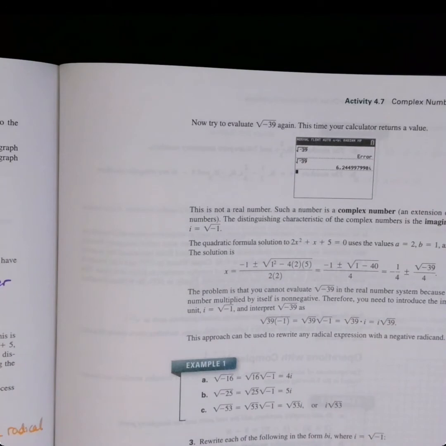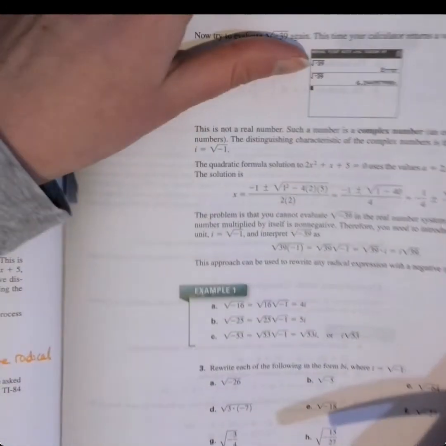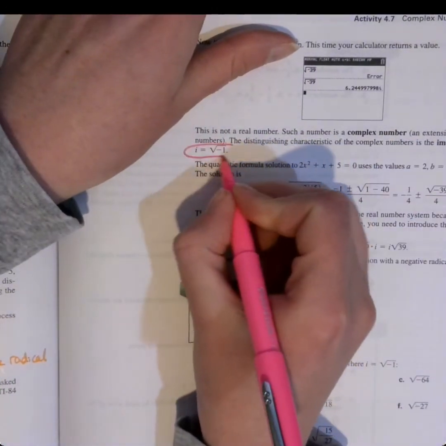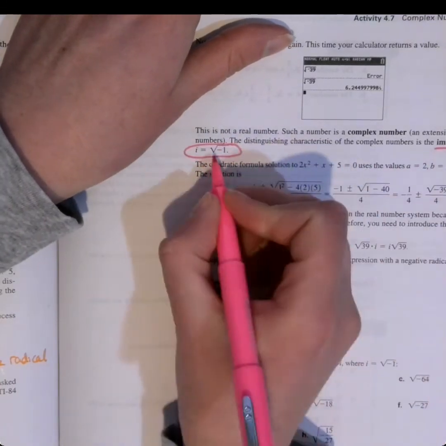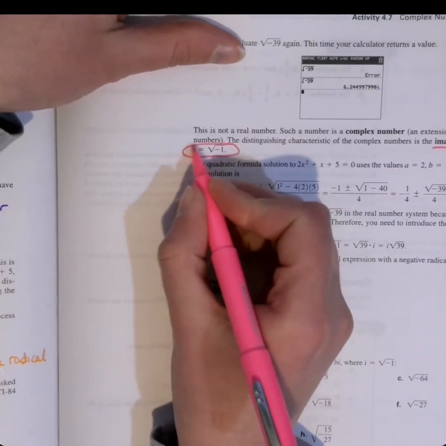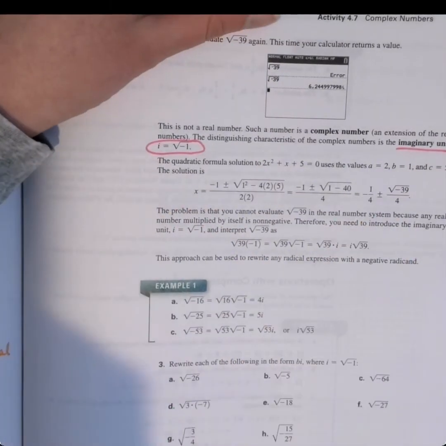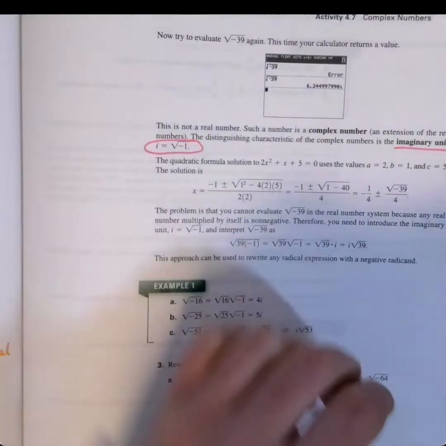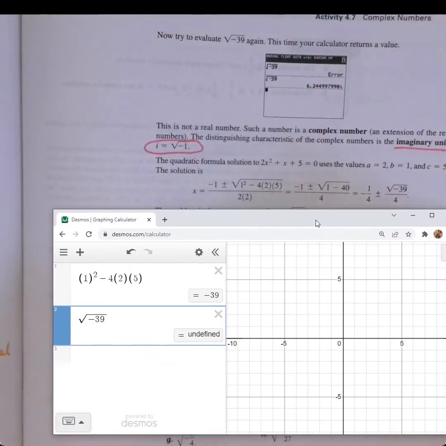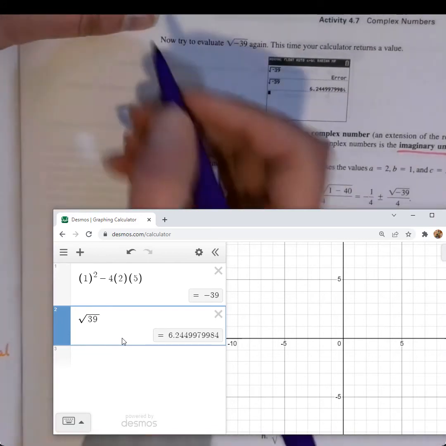So what we would like to note for ourselves is that we're going to use the imaginary unit i. If we take the square root of -1, we use i for this, and this number is going to be complex. So if I did need to approximate the square root of -39 in decimals, I could take off the negative and say that this number, the square root of -39, is 6.2429, etc., times i.